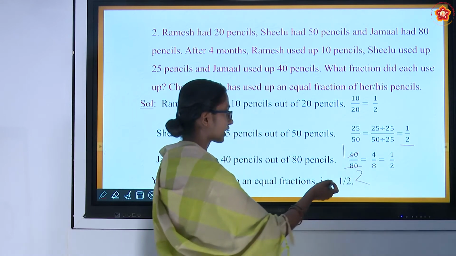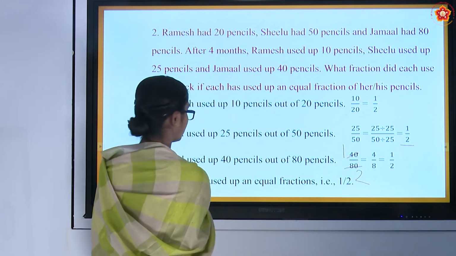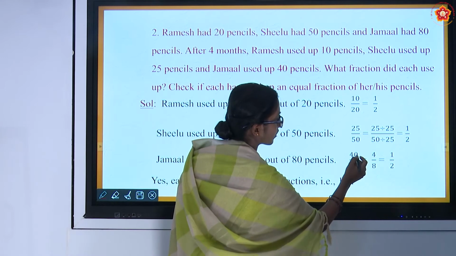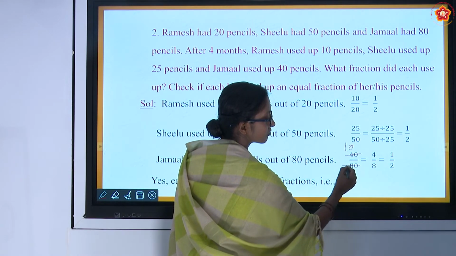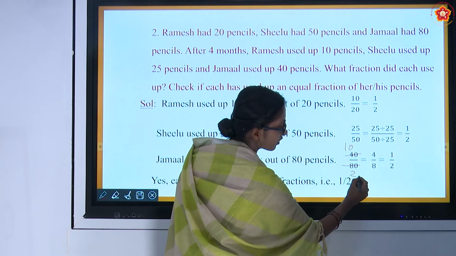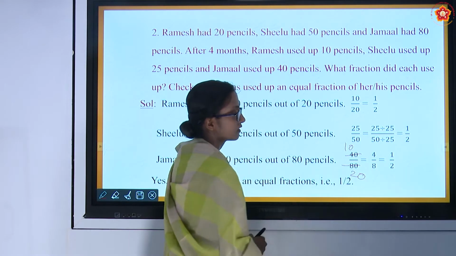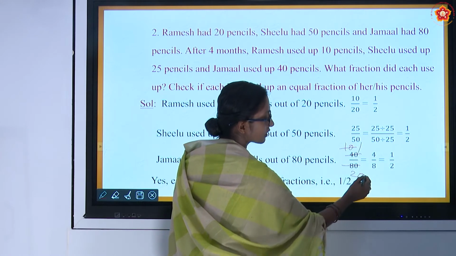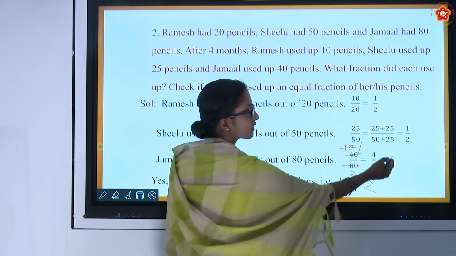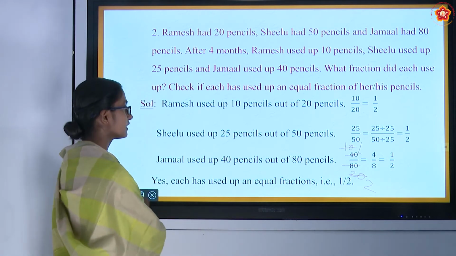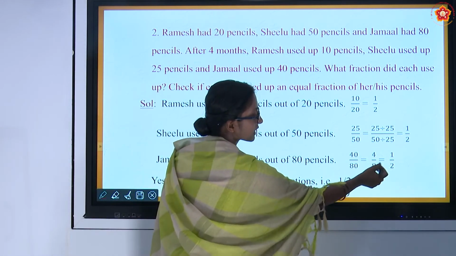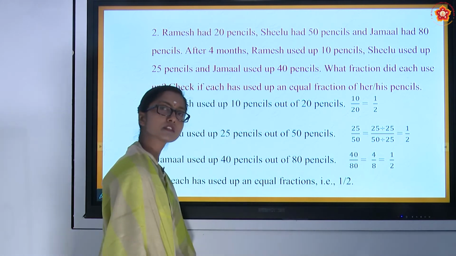Even one more thing you can do. 4 10s are 40, 4 20s are 80. 10 ones are 10, 10 twos are 20, 1 by 2. The ultimate goal is to bring the fraction into the simplest form.